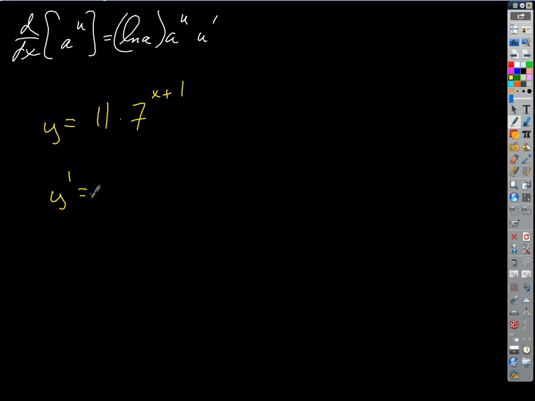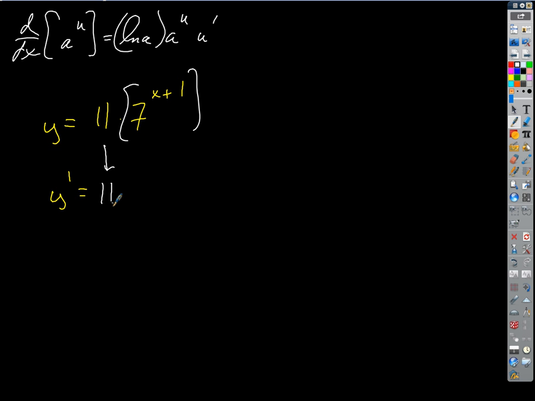So I just kind of gave you a little head fake with the 11, right? That's just a constant that's not the base. So what do we do with any constant that's not attached to the function? It's not part of the function. Pull it out front, right? So really all we're doing is differentiating a to the u, times 11.